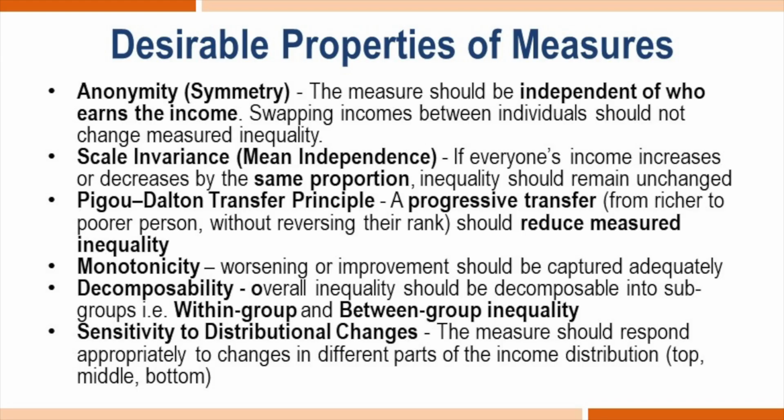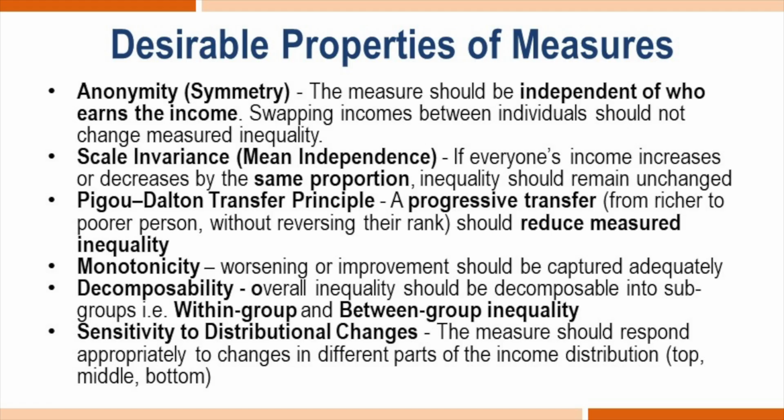Some of the important properties are anonymity or symmetry. It means that the measure should be independent of who earns the income or who has the achievement. If we swap the income between individuals, that should not be a matter of concern.